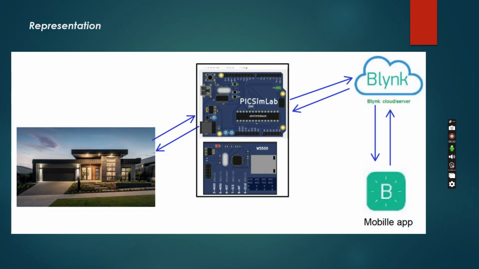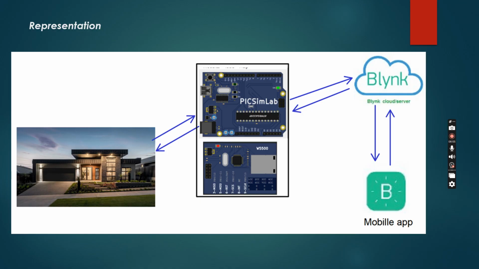Let's look at the representation. We see the block diagram. We see the figure. We have the home and the Arduino board using PICSim software, and the Blynk cloud server and mobile app. These are used to interlink everything.